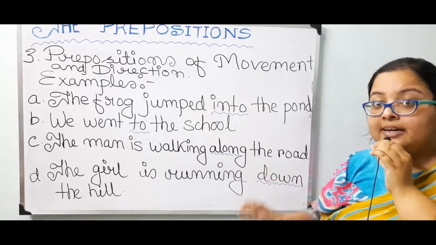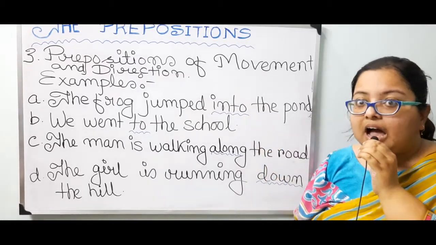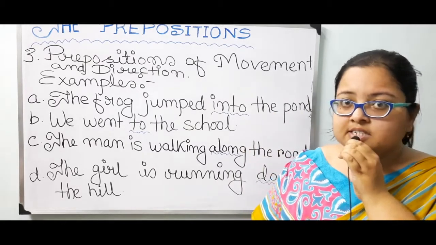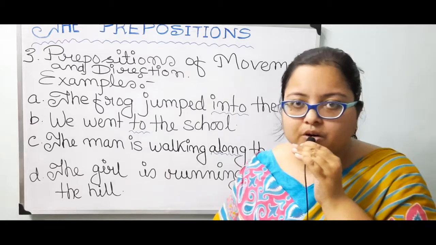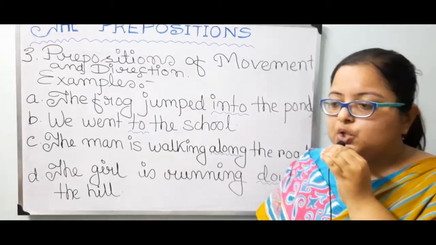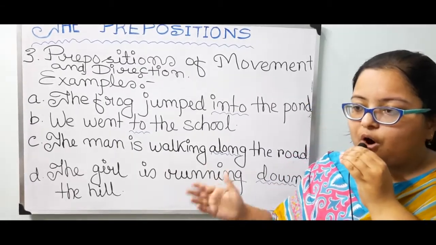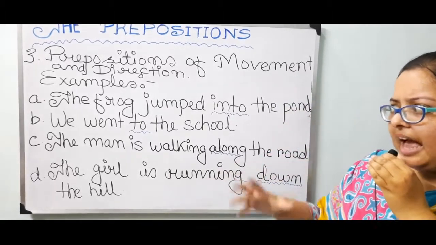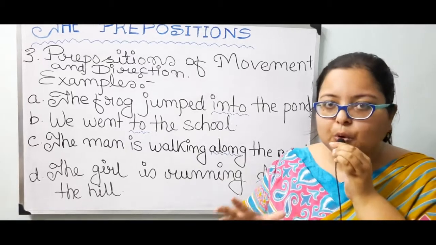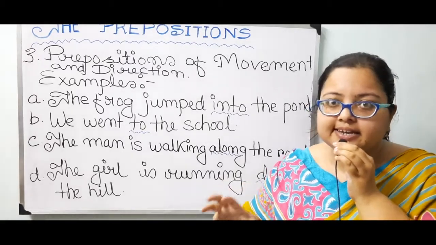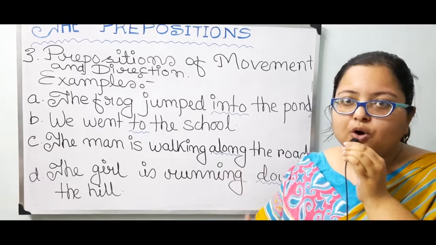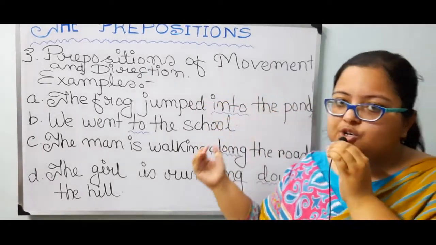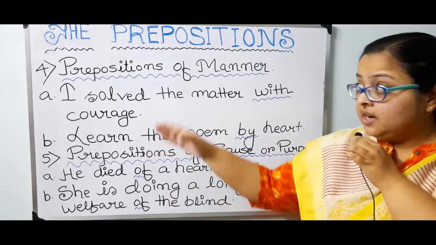She is running down the hill, not upwards but downwards, so "down the hill." Now students, again over here there are some other words like from, towards, off, then out of, and many more that you have to go through in detail in your book to know prepositions of movement and direction more.